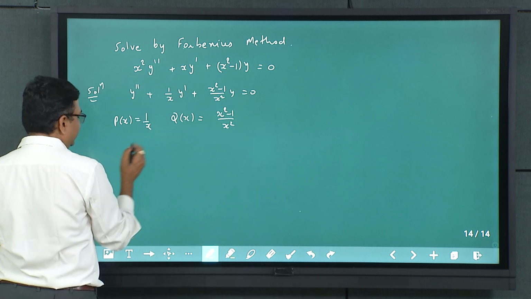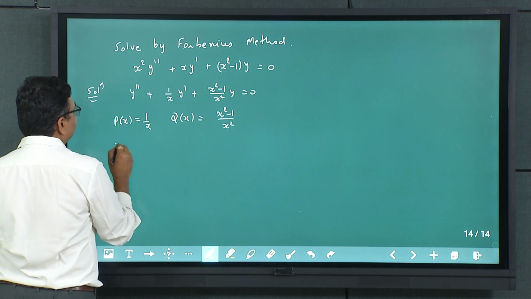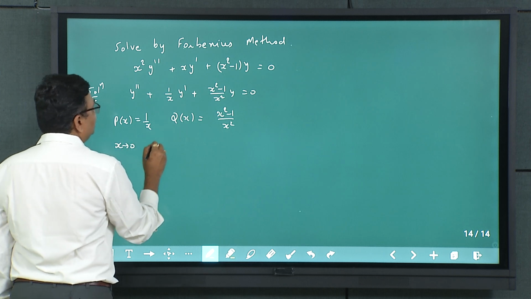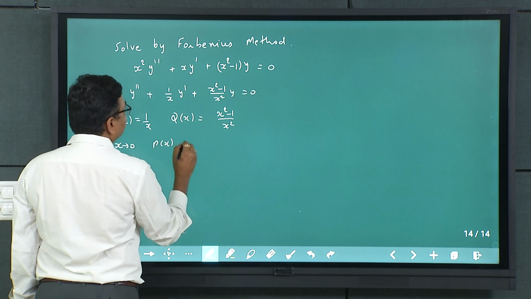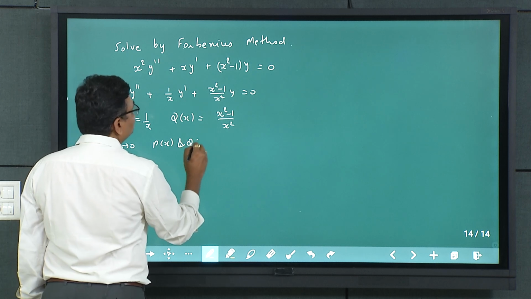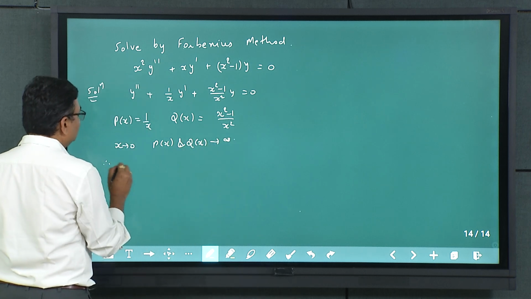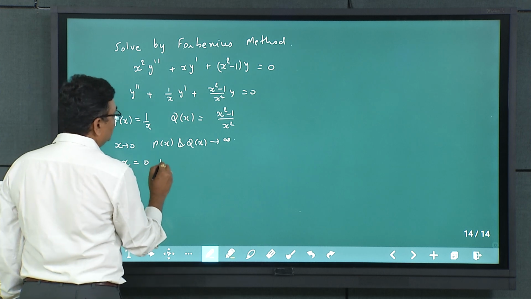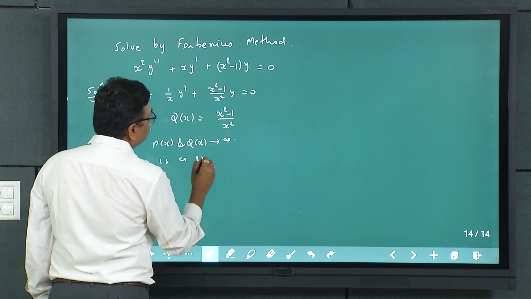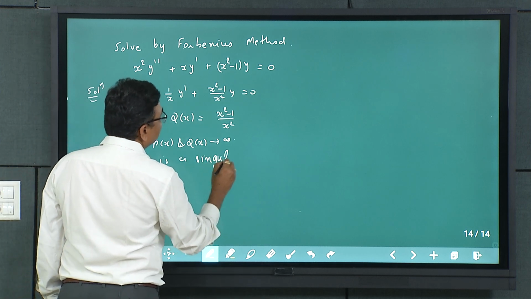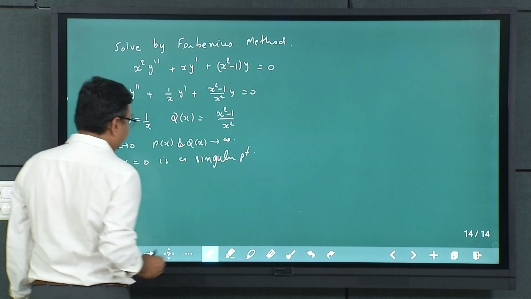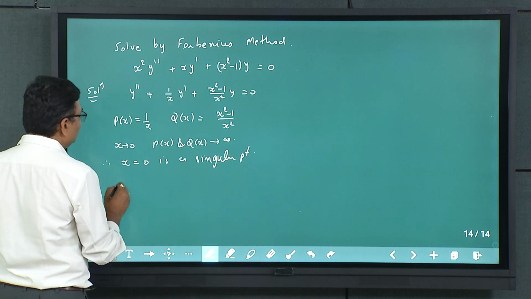So here when x tends to 0, px and qx both tend to infinity, right. So therefore x is equal to 0 is a singular point.